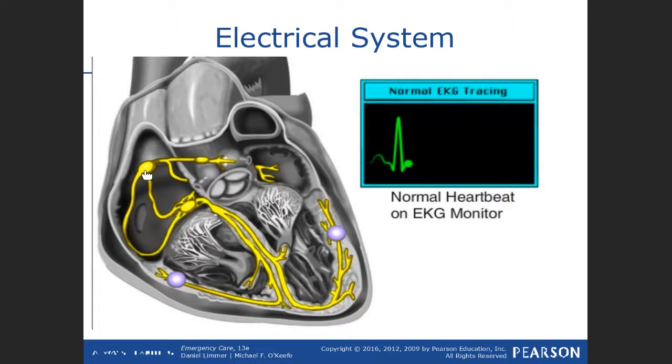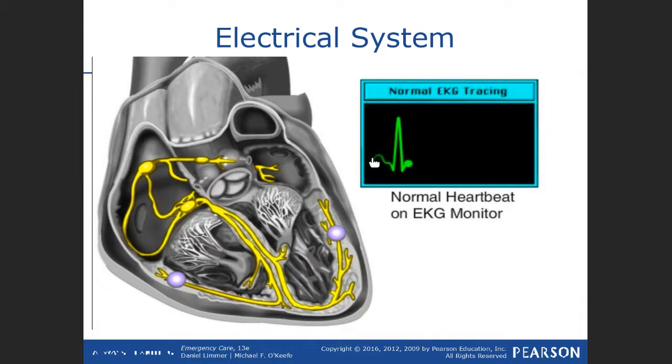The SA node fires an electrical impulse, so to speak. And that electrical impulse is carried through these other, for lack of a better word, wires or conduction pathways through the atrium. And it results in a process called depolarization. This electrical activity called depolarization is what tells those heart muscles to contract in the atria.